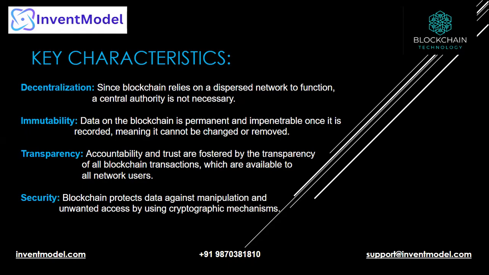Next is transparency. On the account of transparency, we can say that accountability and trust are always maintained in the blockchain because every single change in the blockchain is available to all network users. Everyone can see. Next is security. Blockchain protects data against manipulation or unwanted access by using cryptographic mechanisms.